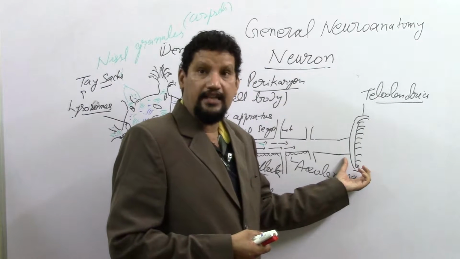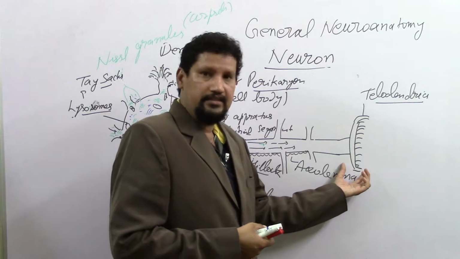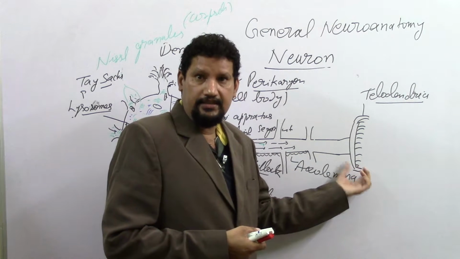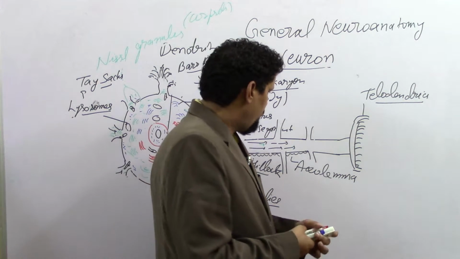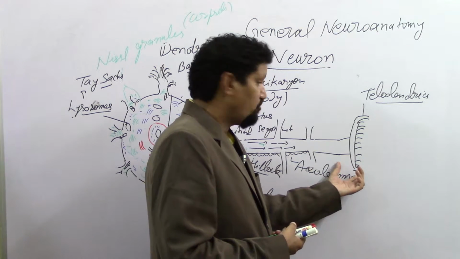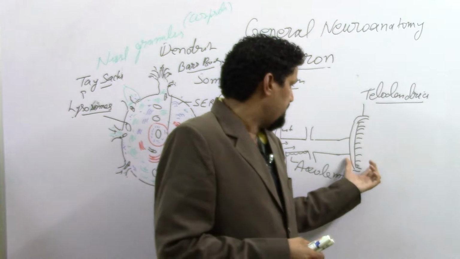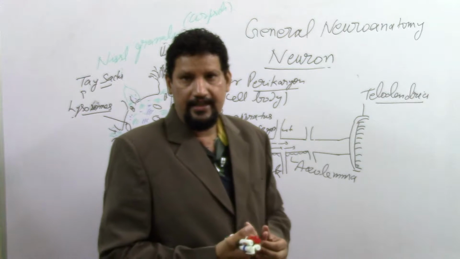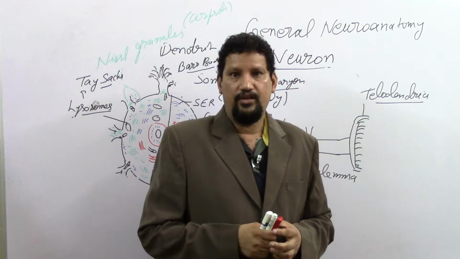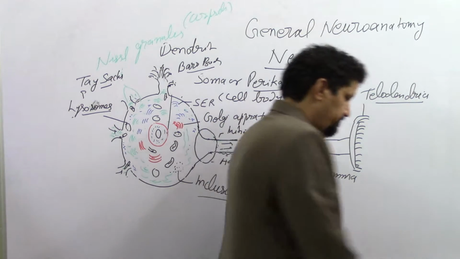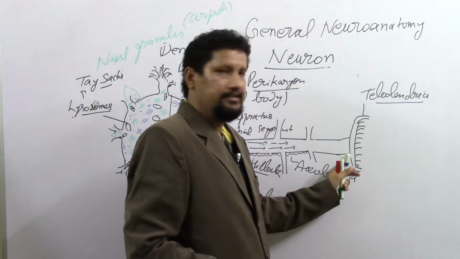It may be a neuromuscular junction or neuroglandular junction in case of lower motor neuron, or it may form axodendritic or axosomatic synapse which is inhibitory in nature. So the terminal part of the axon which is having telodendria is involved in formation of synapses with other neurons or efferent organs, or it may form receptor in case of sensory neuron.